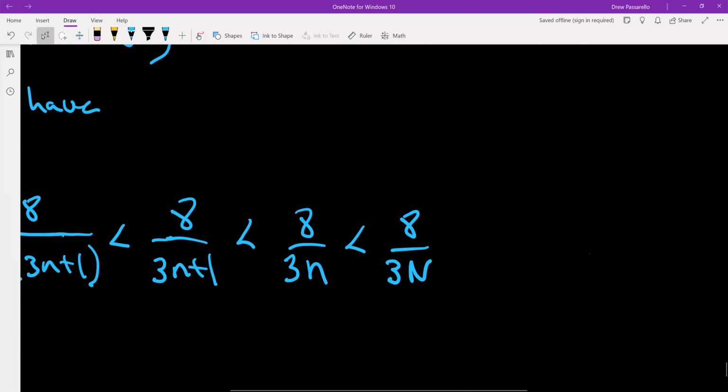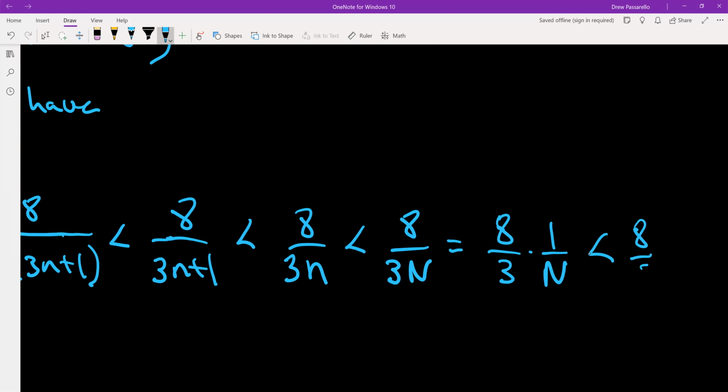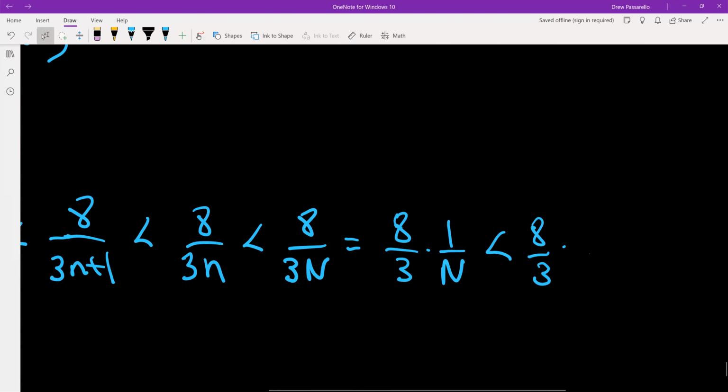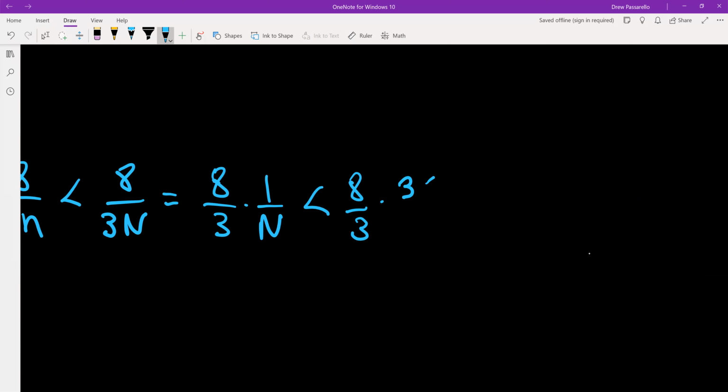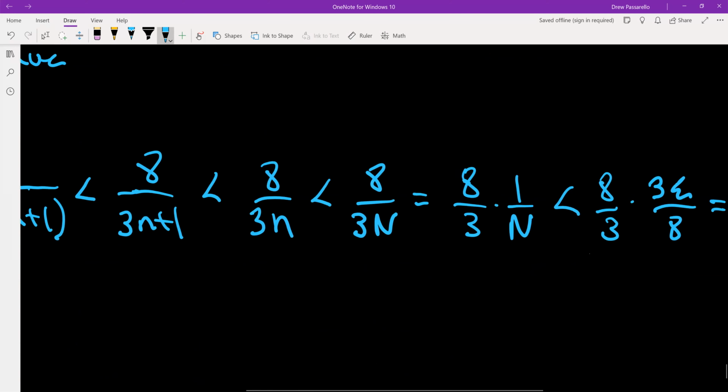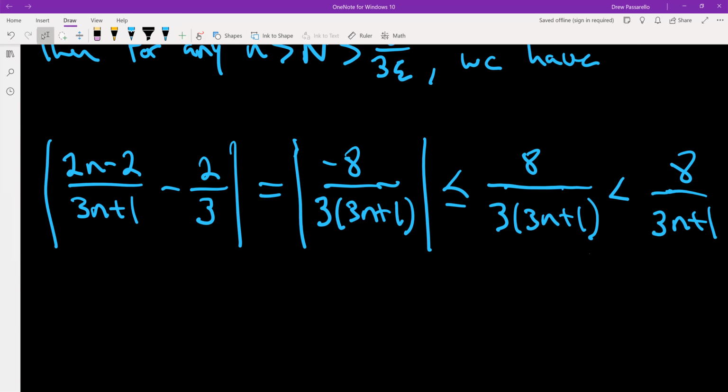So it might help to just write this as equaling 8 over 3 times 1 over capital N. Okay, so it's more obvious to say that this would be less than 8/3 times, and then our 1 over capital N is less than 3 epsilon over 8. And then you have the 8's divide out, the 3's divide out, and that's equal to epsilon. Okay. So that completes the proof.